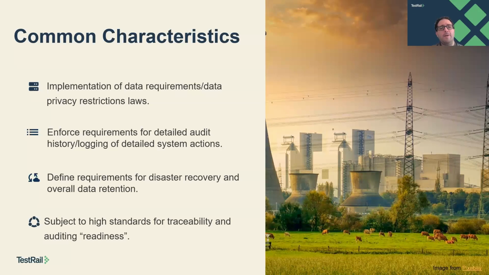The next one here is enforcement of audit logging and detailed system actions. So this is a little different. Some people may or may not be familiar with audit logging, but my example is related to healthcare. Systems will be required to audit and track user actions in alignment with compliance policies for a variety of reasons.